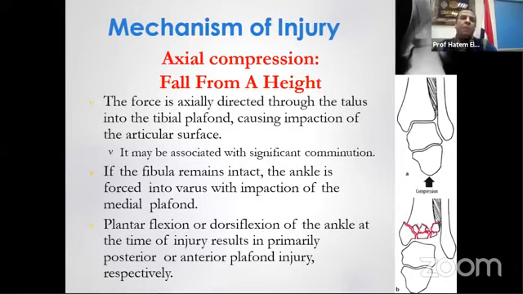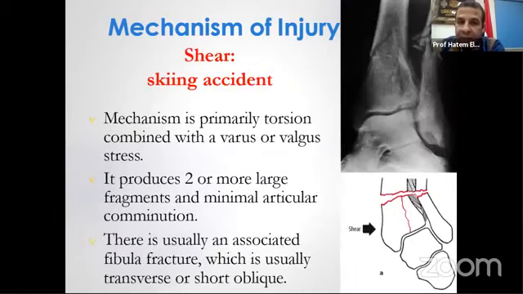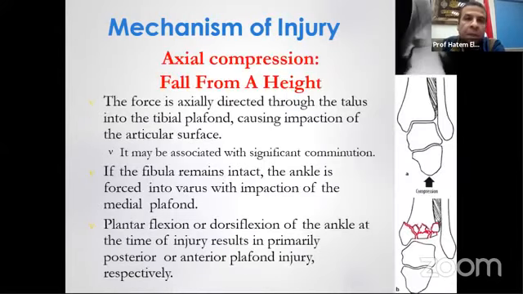Mechanism of injury. Axial compression due to fall from a height, or shearing accident, as in skiing accident. In axial compression, the force is axially directed through the talus, from the ground to the talus to the tibial plafond, causing impaction of the articular surface.